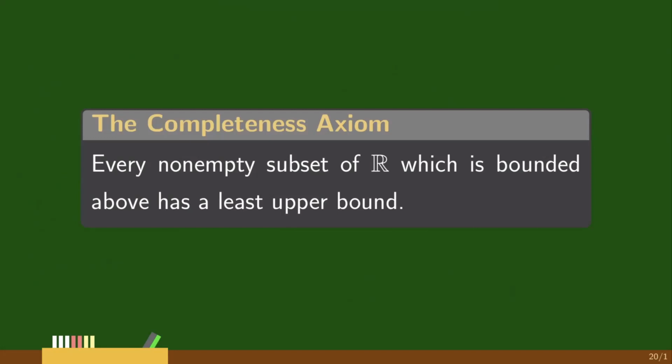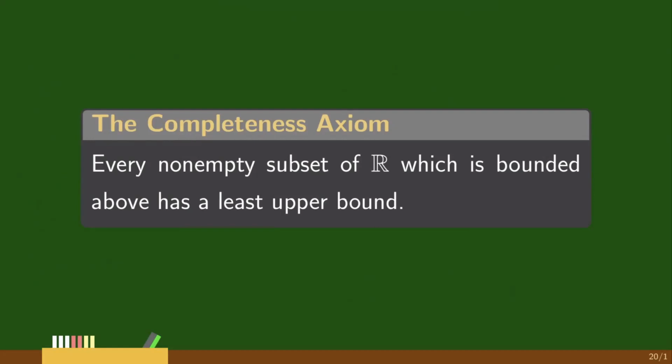Naintindihan ba ninyo? Okay. Ang tanong, naintindihan ba ninyo yung laman ng completeness axiom, yung kiniklaim niya? Ang kiniklaim niya, basta ang isang set of numbers ay non-empty at may upper bound, sure ka raw na may least upper bound na real number. But it is not telling us kung anong formula para doon sa least upper bound.